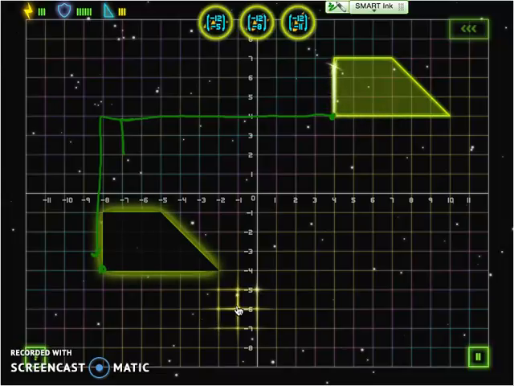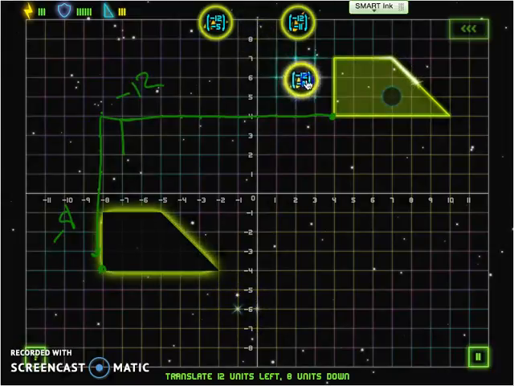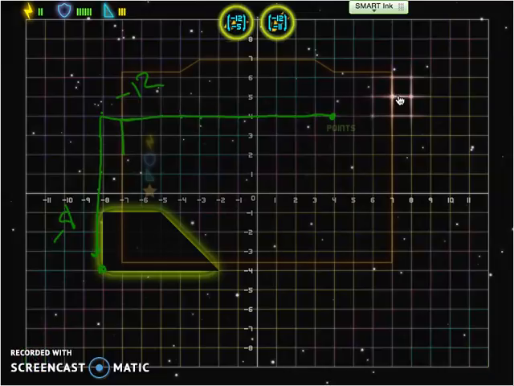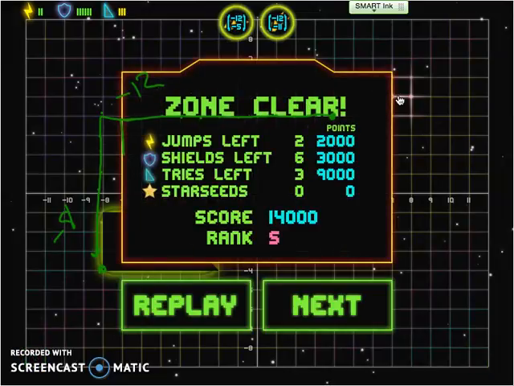So I went 1, 2, 3, 4, 5, 6, 7, 8, 9, 10, 11, 12. Negative 12, and then I went 1, 2, 3, 4, 5, 6, 7, 8. Negative 8 in this direction. And so what I'm going to do is select negative 12, negative 8, put that on there, and I slid on top. So I'm doing good.